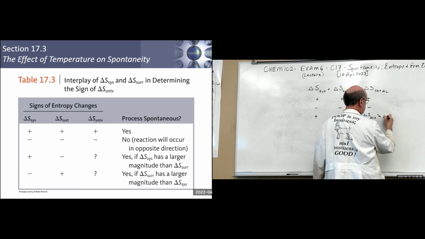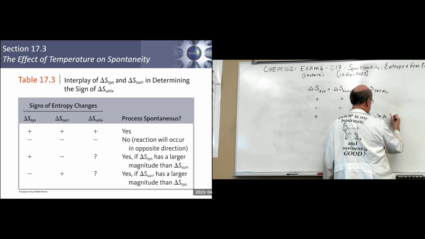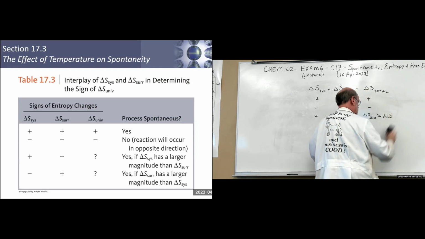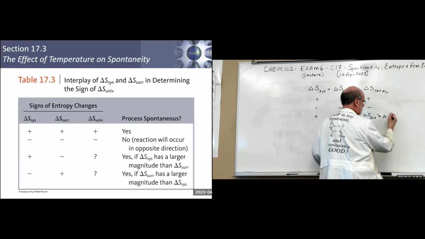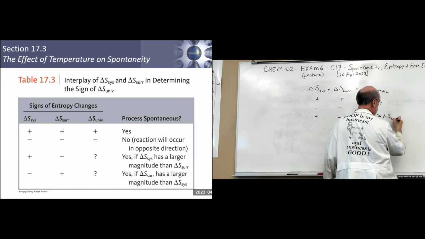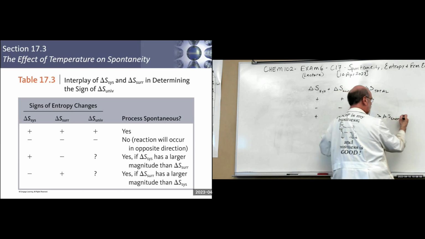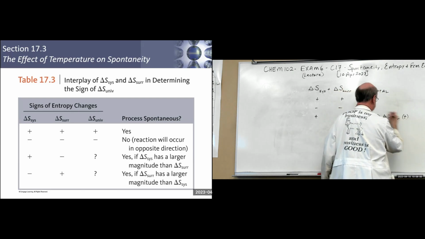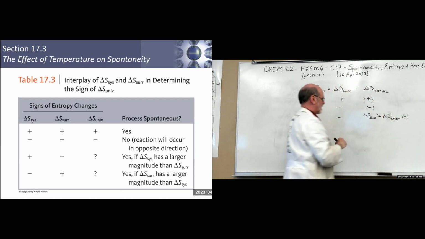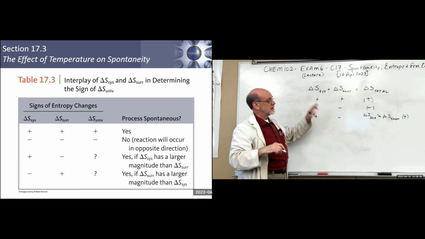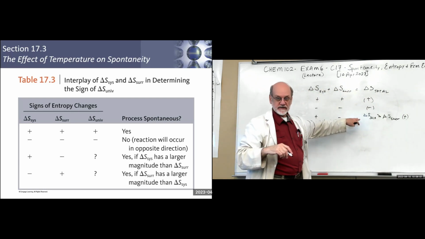So the delta S for the system must be greater than the delta S for the surroundings. This one has to be bigger than that one in order for this one to be positive. That's the only time that it would be a spontaneous process.